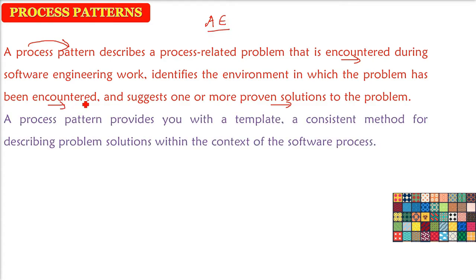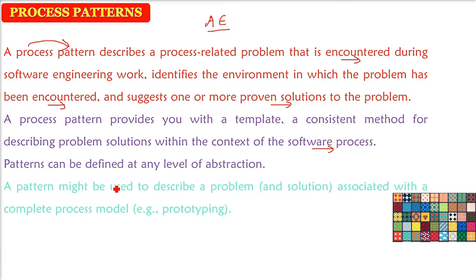So a process pattern will give you a template. I'll also show you a template right now. This gives you a proper, consistent method. You can describe the problem and solution in the context of your software process. That is, if you can write certain things and relate them to already existing ones, these patterns can be defined at different levels of abstraction.